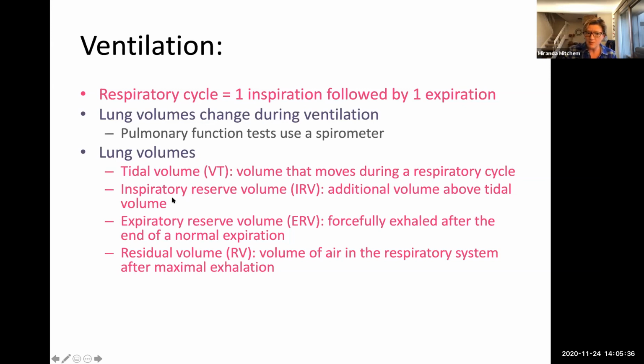We have the inspiratory reserve volume, as well as the expiratory reserve volume. So the inspiratory reserve volume is the additional space after tidal volume. So for example, I'll try to demonstrate. I'll do three normal respiratory cycles.